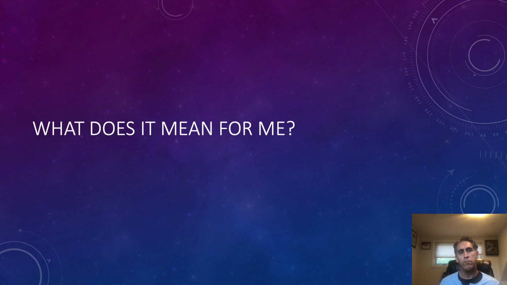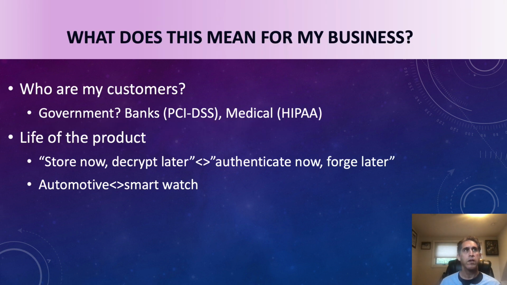So really this video comes down to: what does this mean for me? What should I do? What should I think about? Let me break down what considerations you need to make. The first one is: what does it mean for my business? You need to think about who your customers are, and if the government is your customer, you definitely need to go after this guidance.